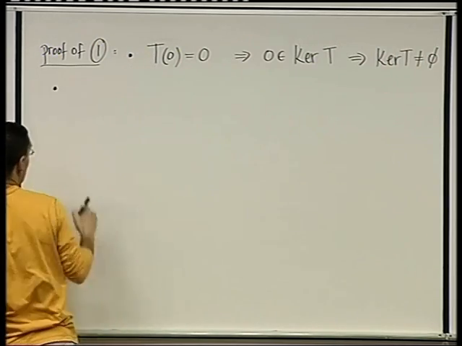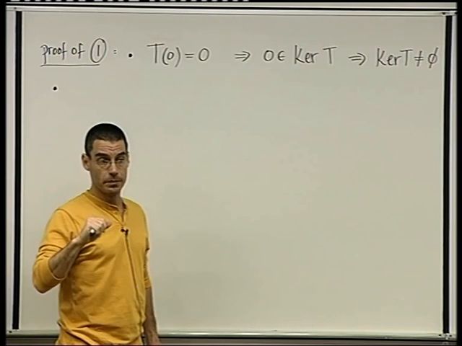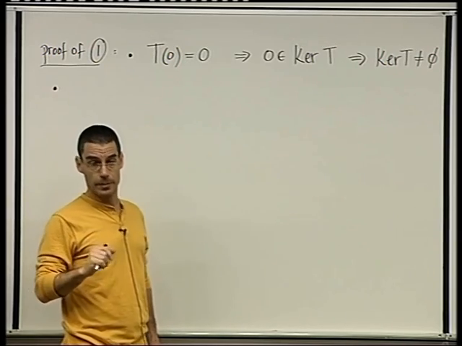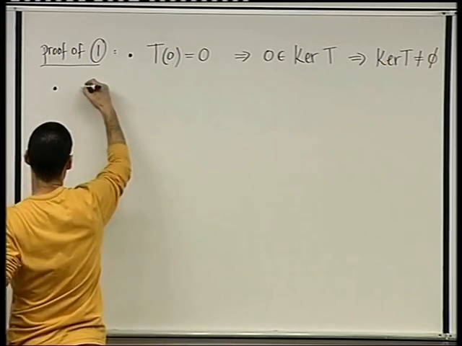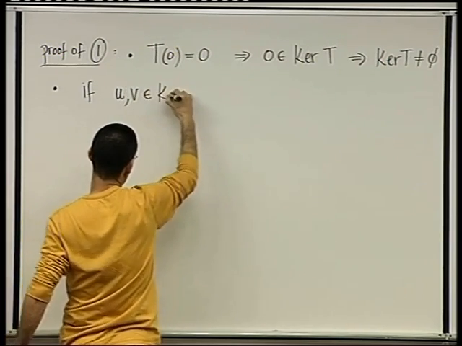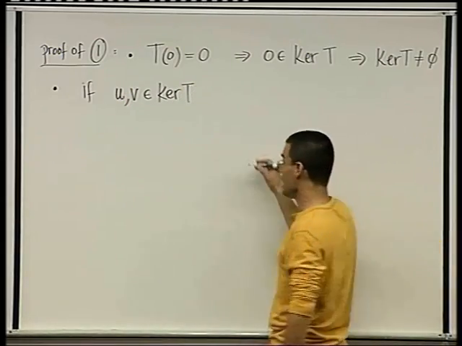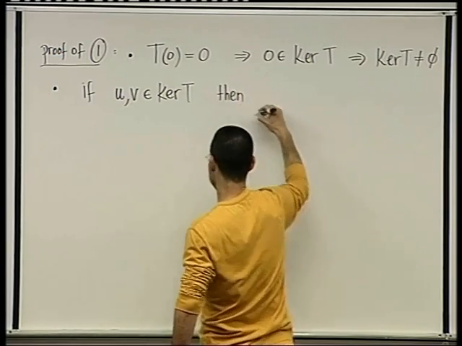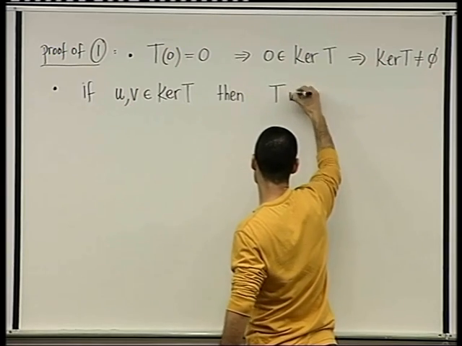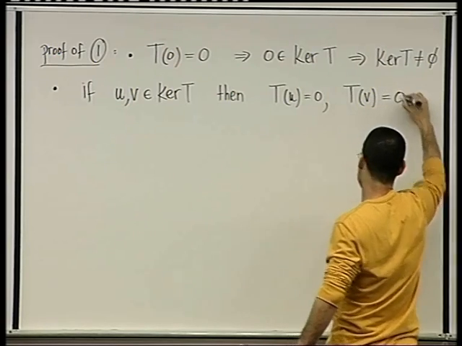The other thing we need to show: we take two elements in the kernel, call them U and V, and show that U plus V is also in the kernel. What does it mean that they belong to the kernel? It means that T of U is 0 and T of V is 0.